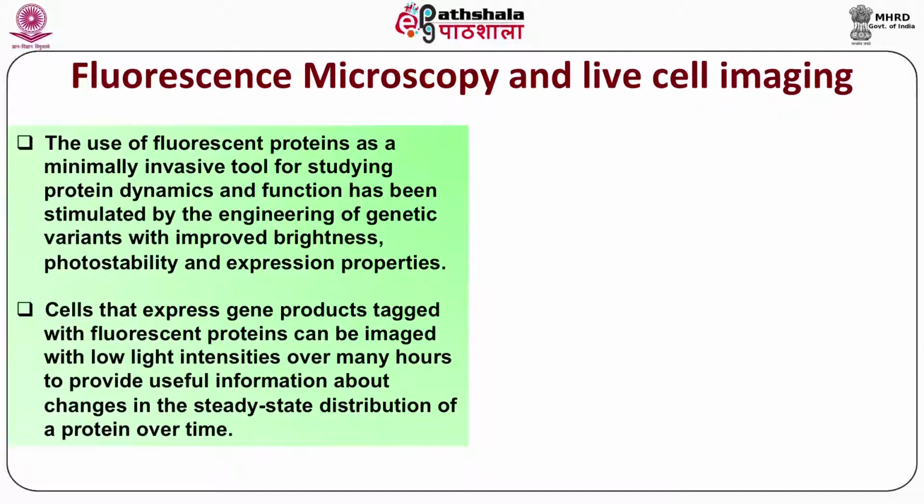Cells that express a gene product tagged with a fluorescent protein can be imaged with low light intensities over many hours to provide useful information about changes in the steady state distribution of protein over time.